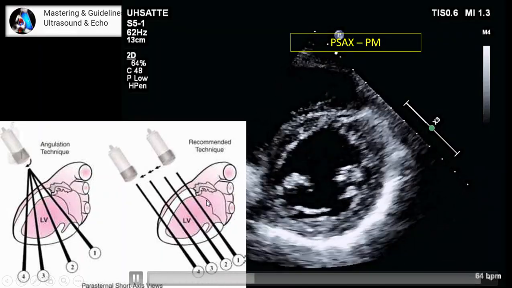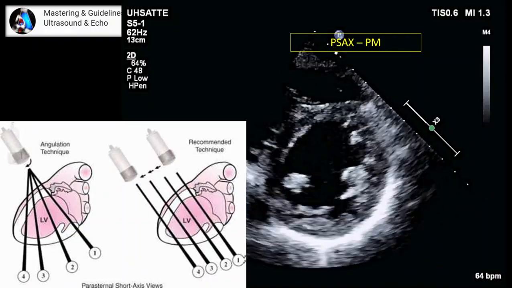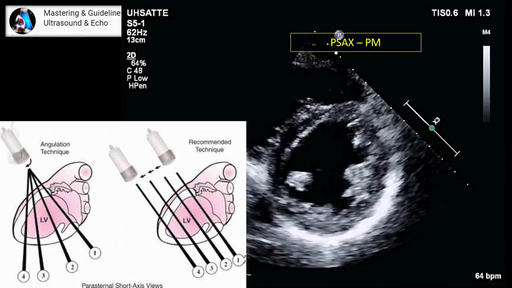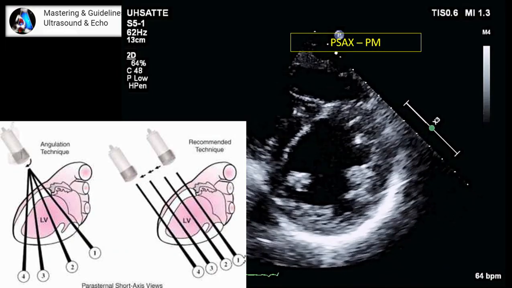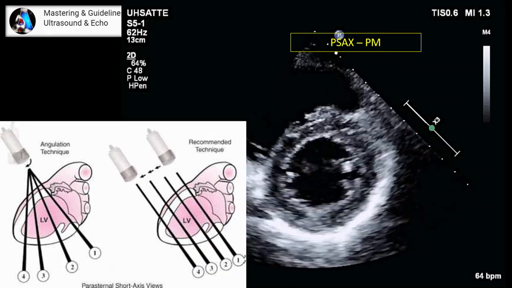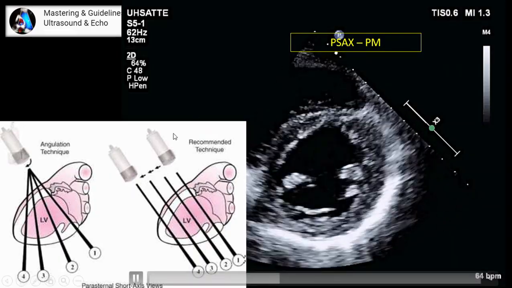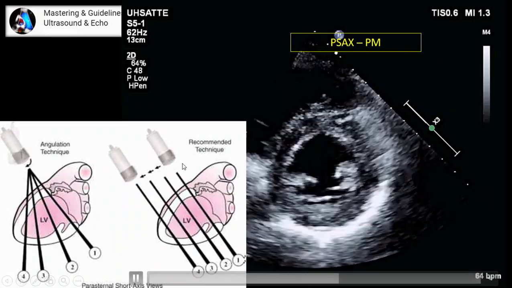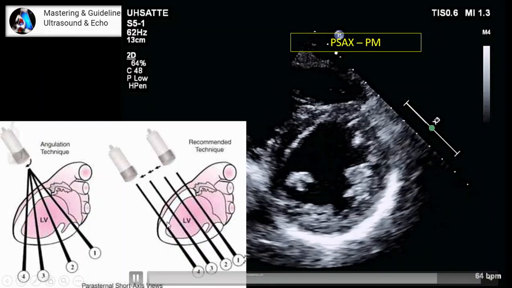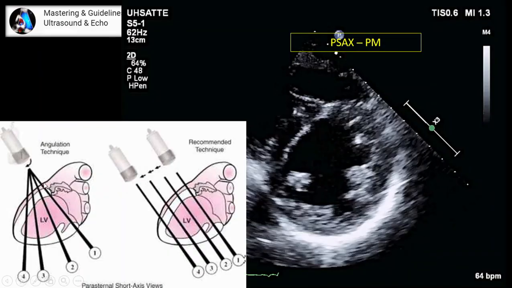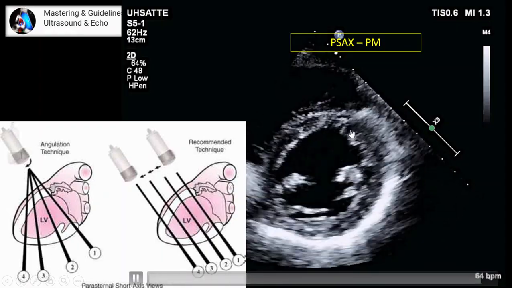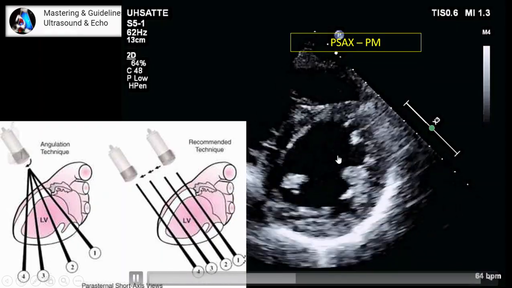In regular people, and those who are tall and not fat, the heart is more vertical, not horizontal, and not bent. The best technique from the aorta to the apex is to slide the probe toward the apex for each level.